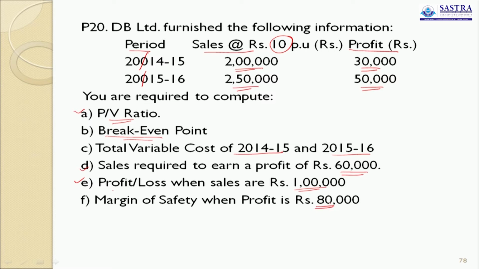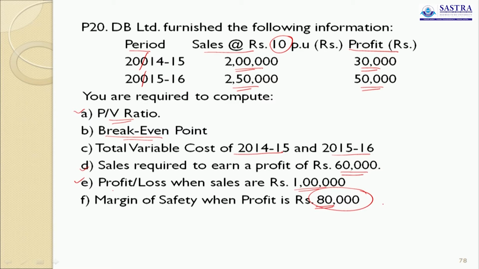Usually the question paper setter asks the margin of safety for period 1 or 2. Here they differently asked margin of safety when profit is rupees 80,000. So these are all the 6 questions they asked. You have to give the answer based on the given information.